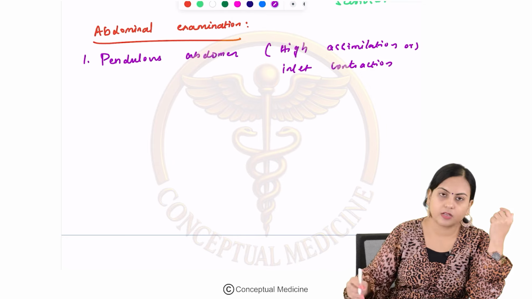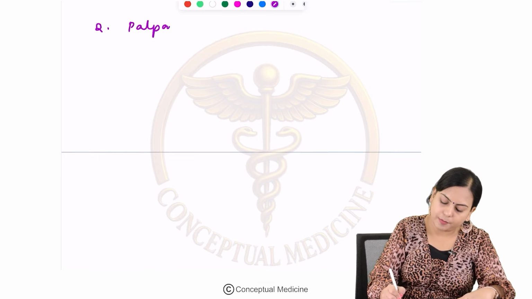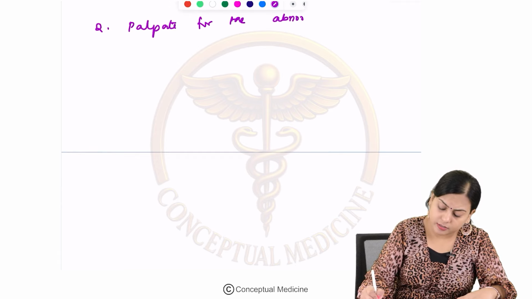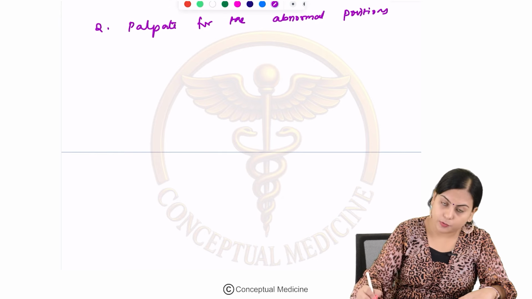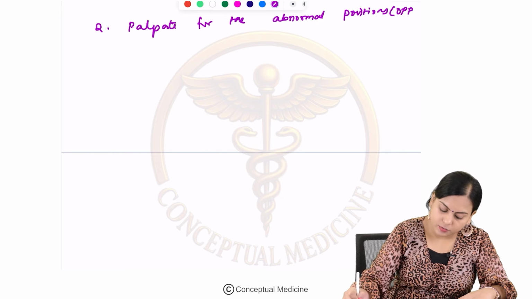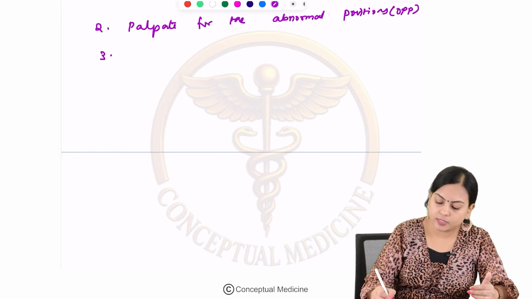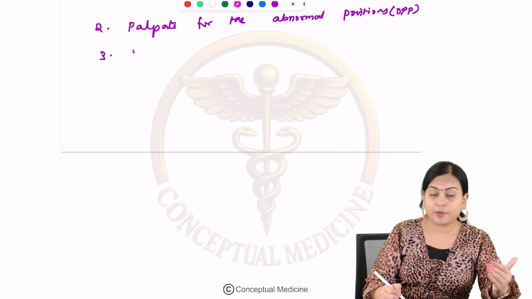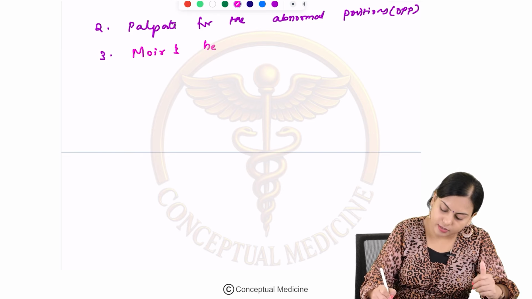Clear? And then you have to palpate for the abnormal positions like occipito-posterior position, and a third option you can do is one method of inspection, method of palpation, that is known as Moyer's head fitting method.